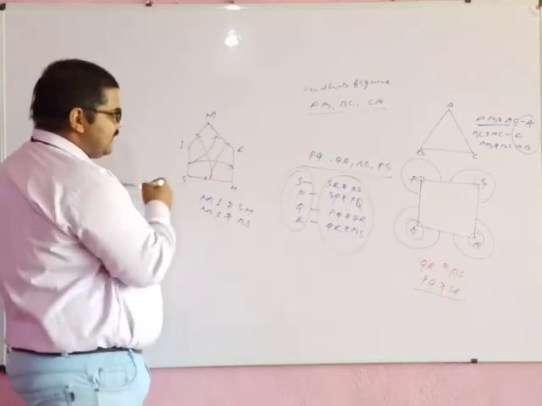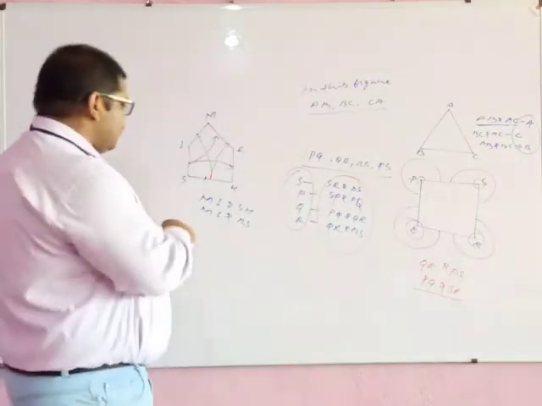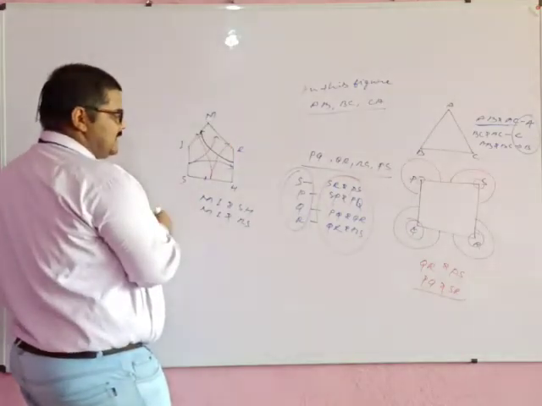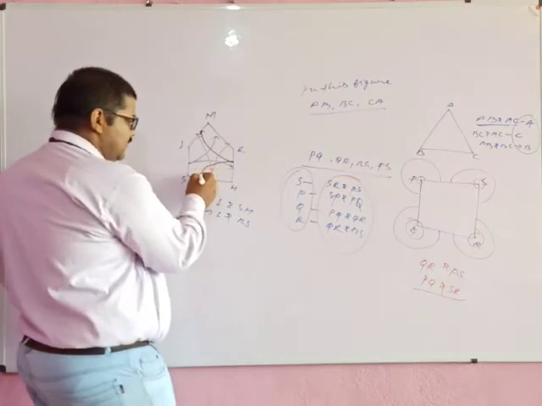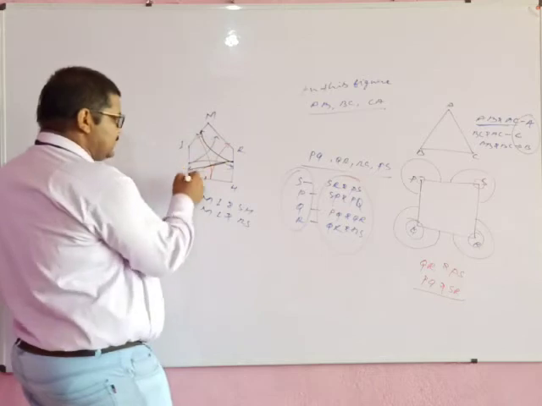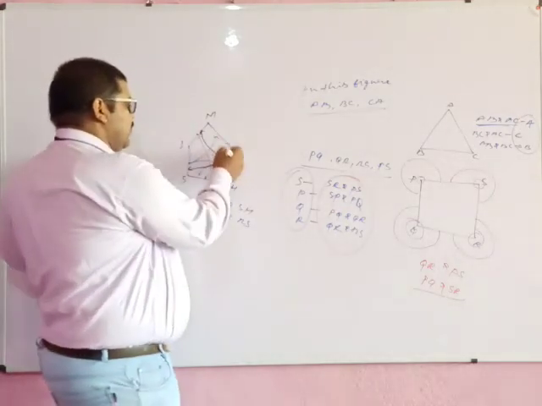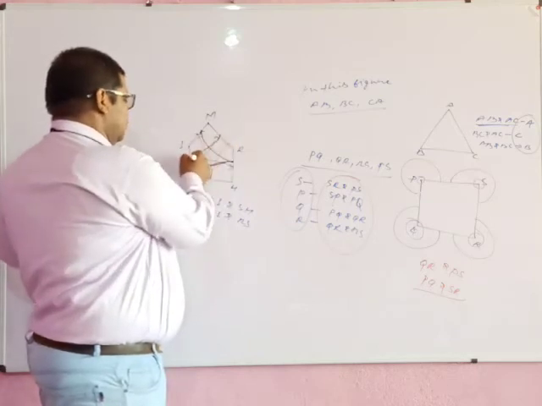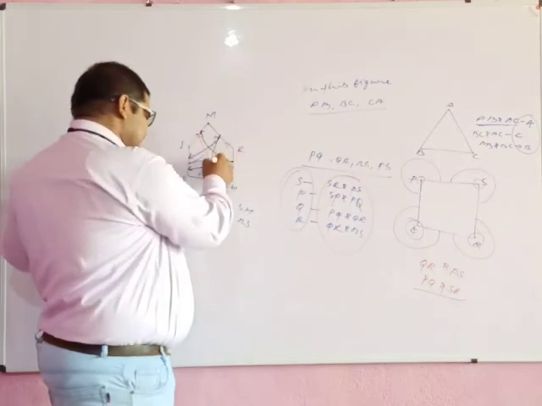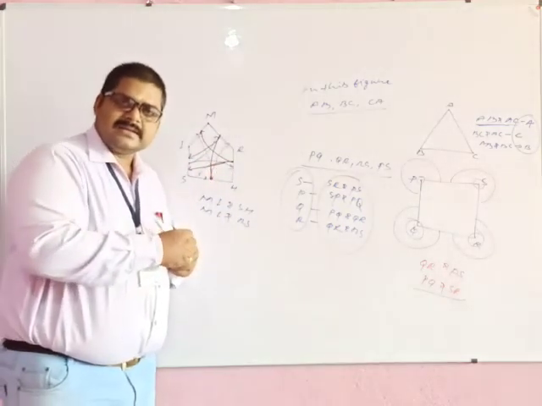Similarly, for RH, MI is non-adjacent, and the second one is IS, non-adjacent. So in case of MR, IS is non-adjacent, and the second one is SH, the pair of non-adjacent sides.